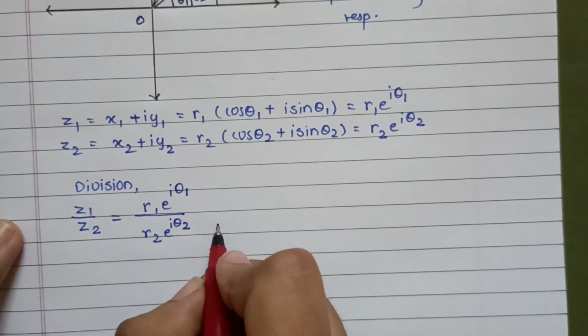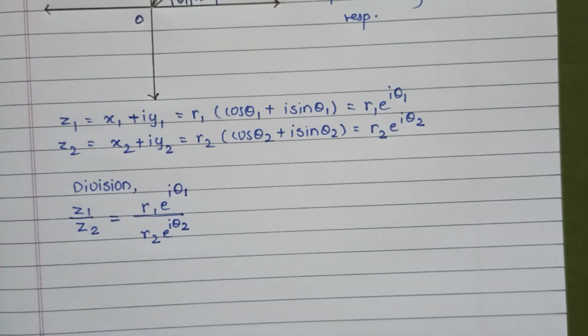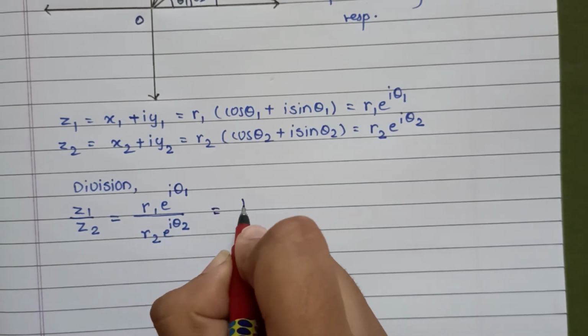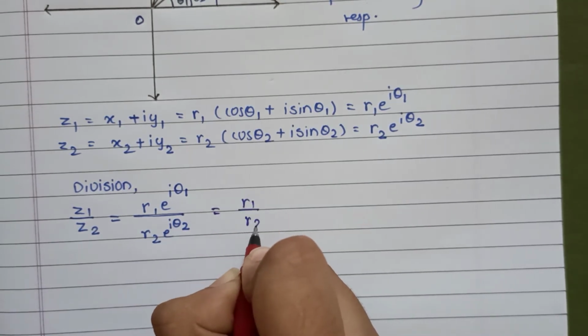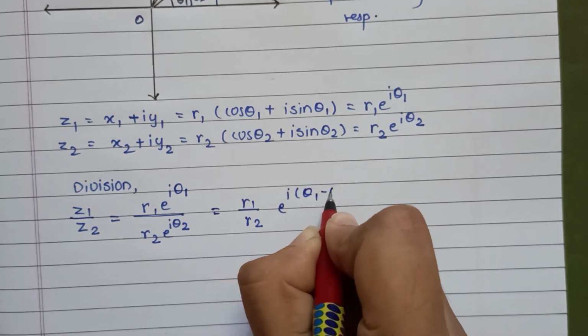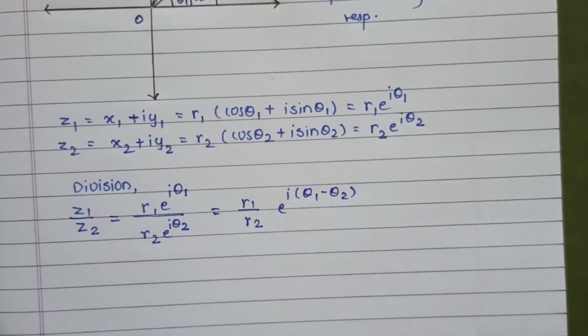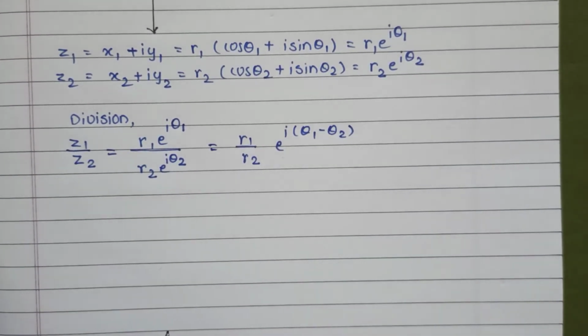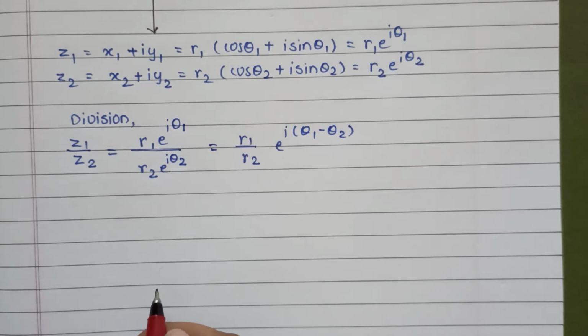For division, we use exponential form of complex number, that is equal to r1 upon r2 e raised to i theta 1 minus theta 2. Division of two complex numbers is a complex number.